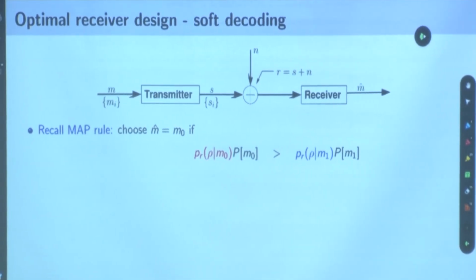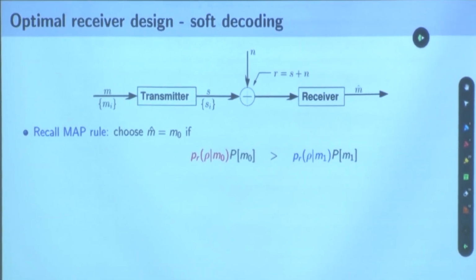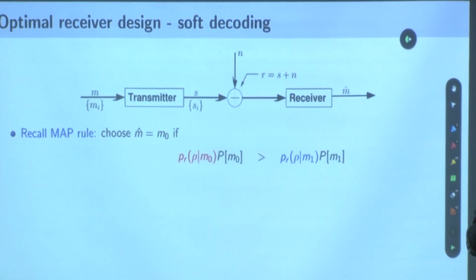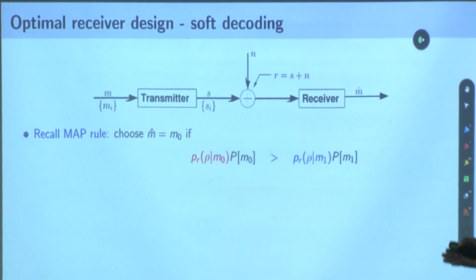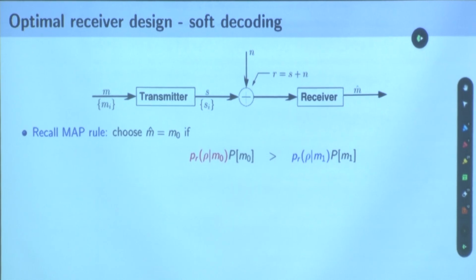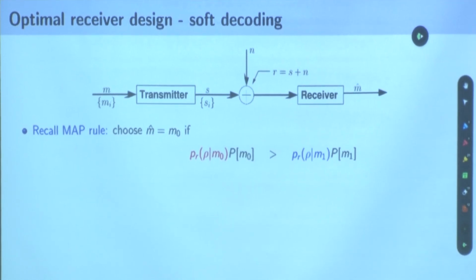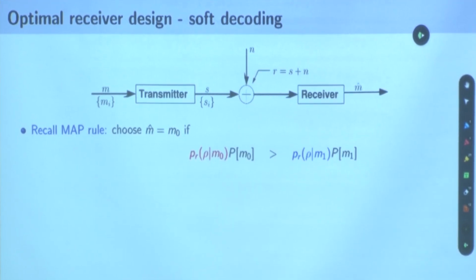We use that threshold to declare whether the transmitted bit was +1 or -1. If we do not do that, and we basically stick to these probabilities and feed these probabilities to the decoder, that is what is called the soft decision rule. Let us see that.